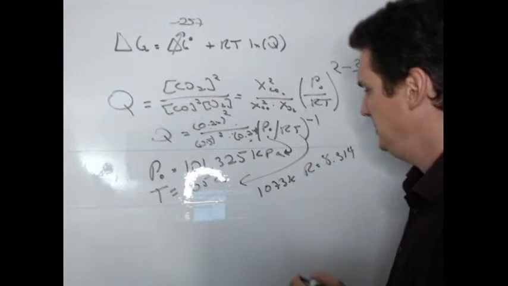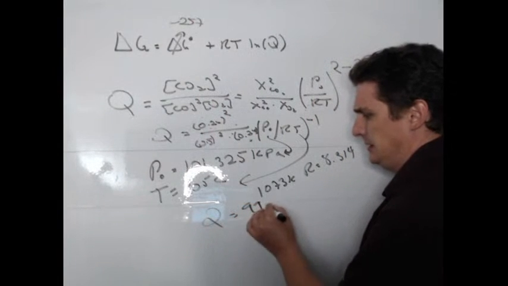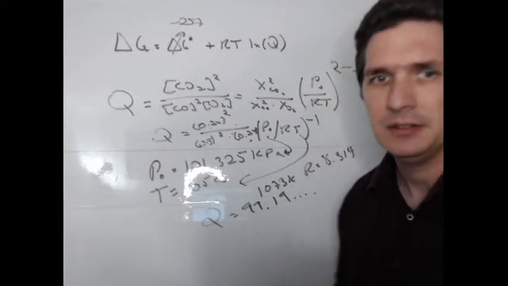So here I get Q to be 99.19, trailing on and on.